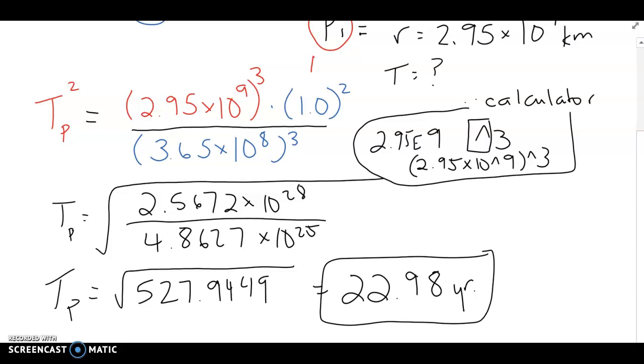There you go. So that's using Kepler's third law to find the period of a planet.